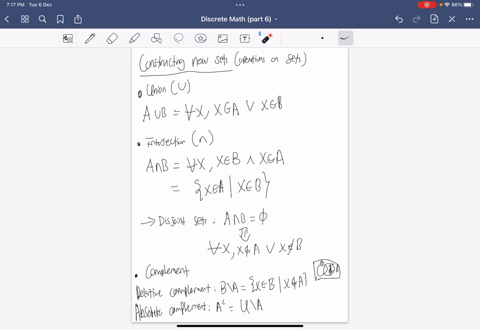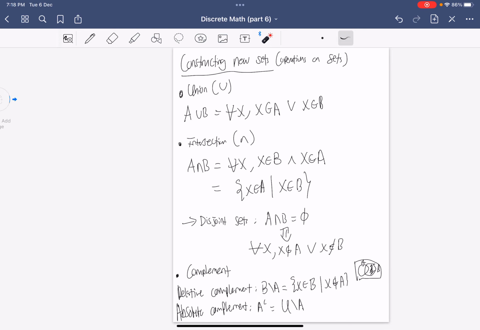It means that if X is an element of this, it is false, so for all X, X is not in A or X is not in B. There's no way that X can be in both A and B at the same time.